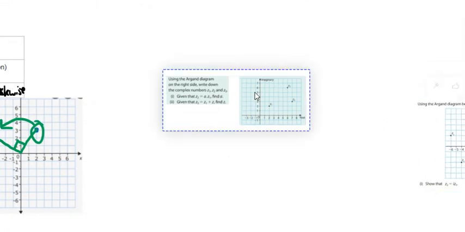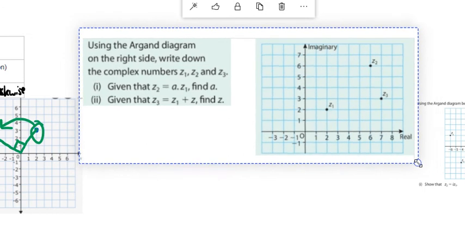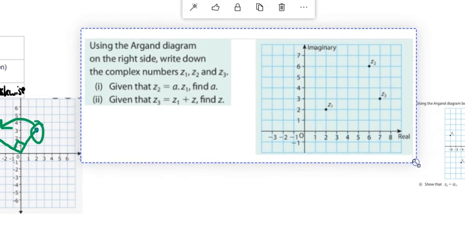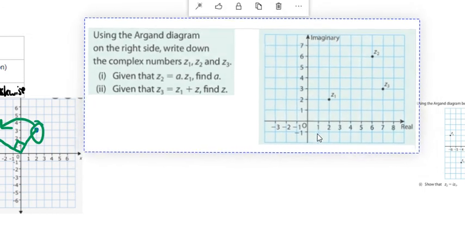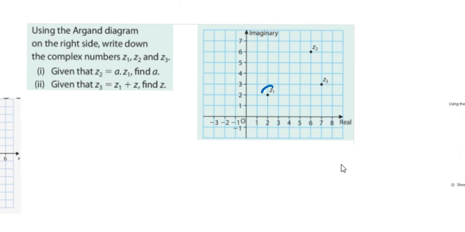So here's a couple of examples then. The first one, given that z2 equals a multiplied by z1, find a. Let's have a look at what's going on in the graph. z1 you should be able to see is here, and then z2 is up here.